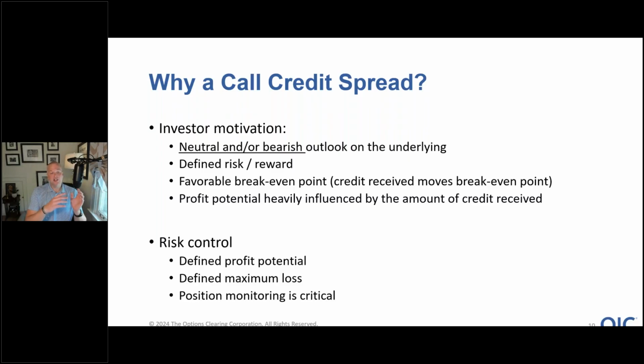If the stock is closer to the strike that you are long, the position might actually act like you're long premium, even though theoretically it is a call credit spread. If you're closer to the long strike, the decay of the options is going to affect your position in a different way. That's why the risk control portion is important.